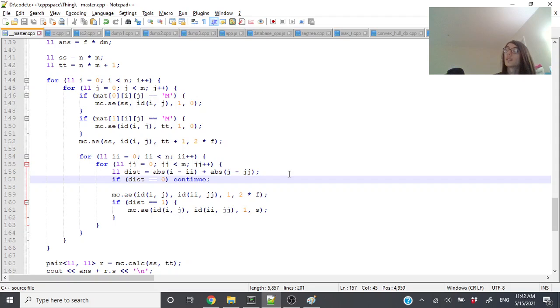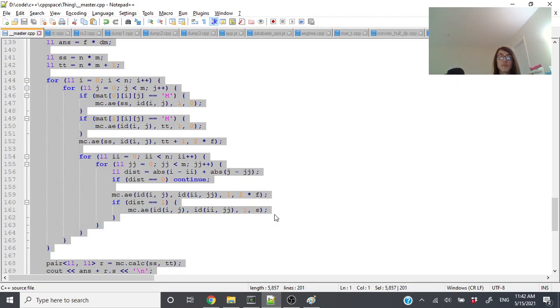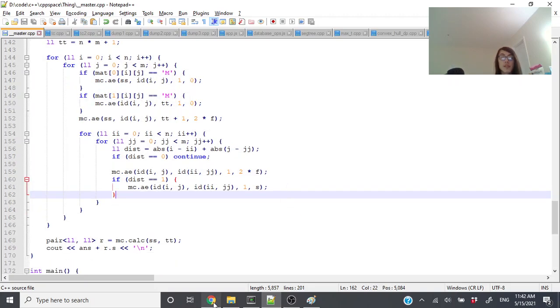Just make sure we don't do anything stupid. So if ii is equal to i and jj is equal to j, just ignore it. So when we add that edge, we add these edges. Yep, so we can swap things for 2f, or we can do that for s. Makes sense.